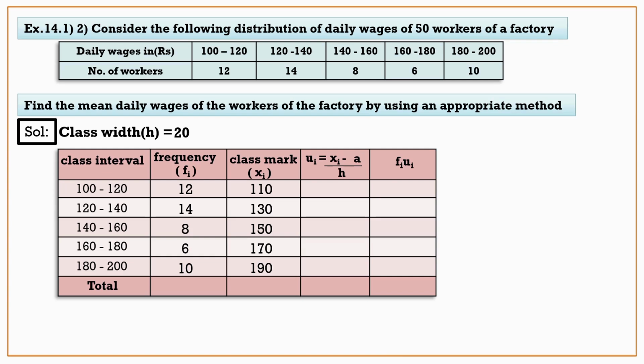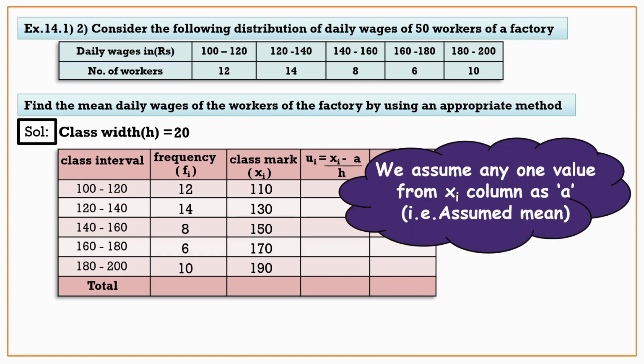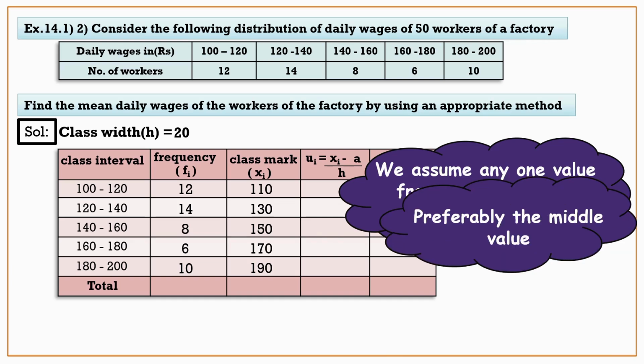Now let us find the ui. To find the ui value, first we need to assume any value from the xi column as a, that is the assumed mean. Normally we take the middle value. So let us take the middle one here, 150, that is the a value.